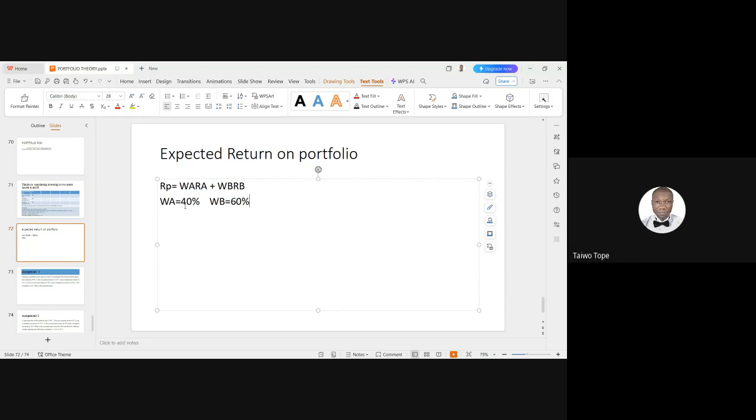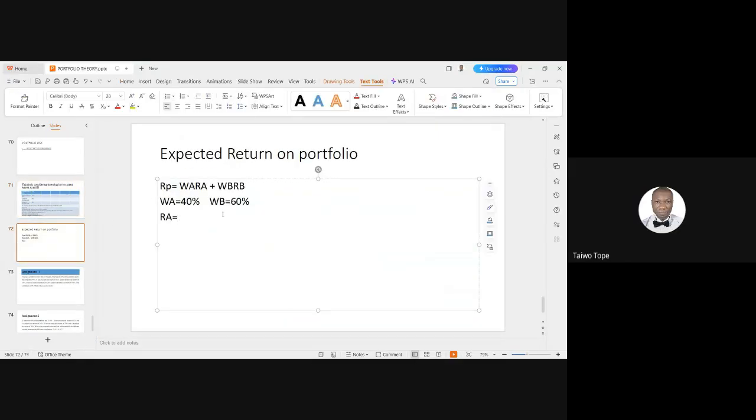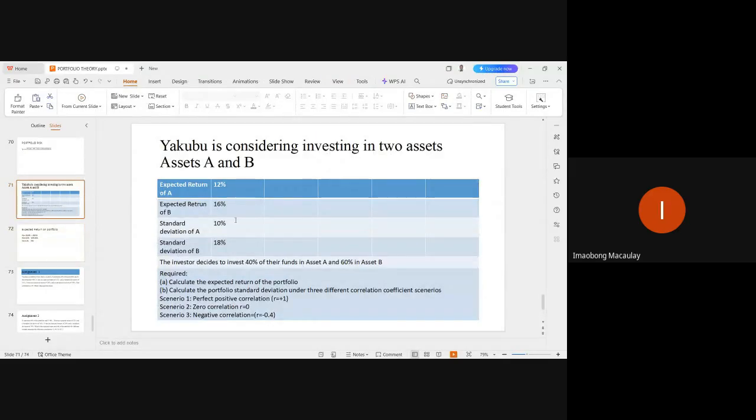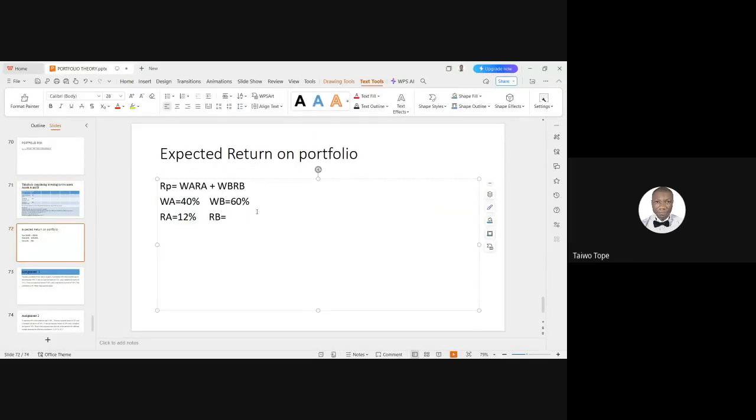Now, what is the return on A from the question? Do we have it? Yes, 12%. Return on B in the question, do we have it? 16%. So can you solve? Just solve and give me my answer.